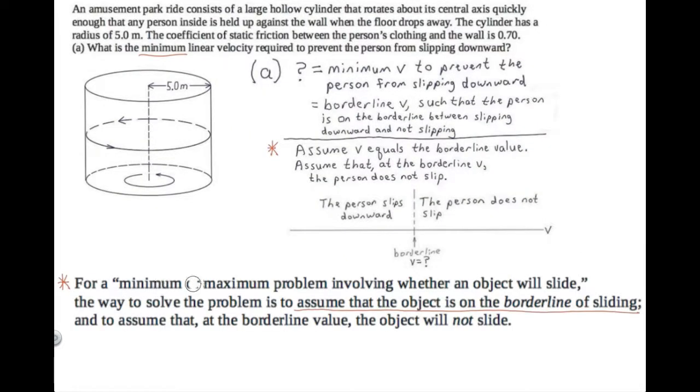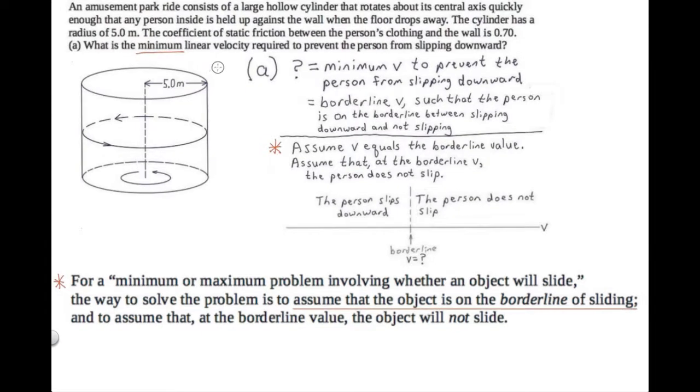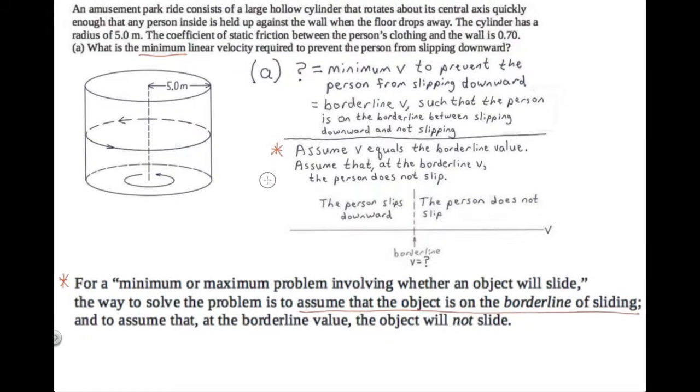For a minimum or maximum problem involving whether an object will slide, the way to solve the problem is to assume that the object is on the borderline between sliding and not sliding. This problem is a minimum problem involving whether the person will slide downward. So, to solve this problem, we will assume that the speed is equal to the borderline value, and we should write down that assumption.